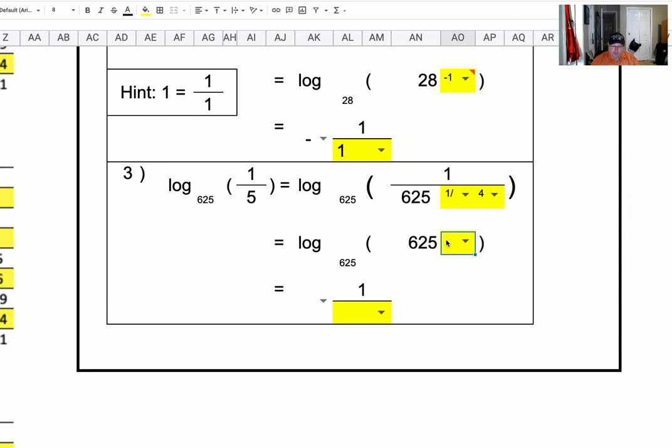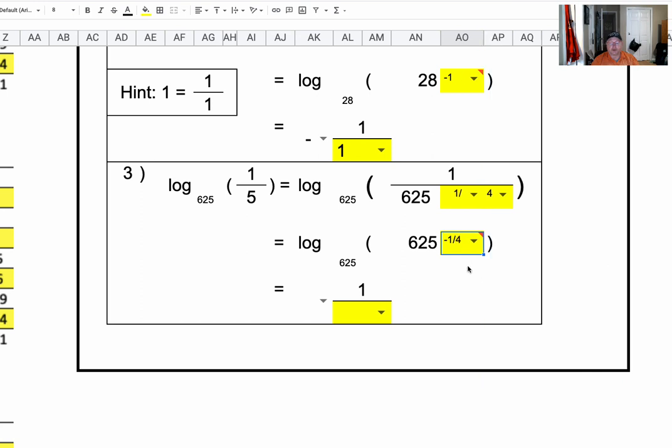So I've got to type in there negative 1/4. I should make that a little bigger so you can see it. So what exponent do I put on 625 to make 625 to the negative 1/4? Negative 1/4.